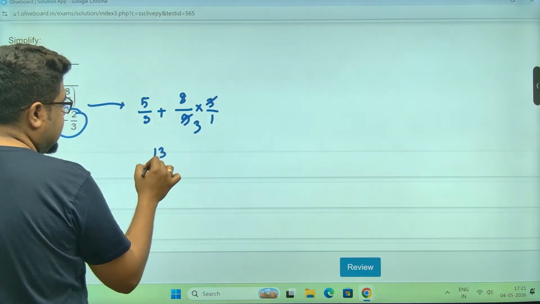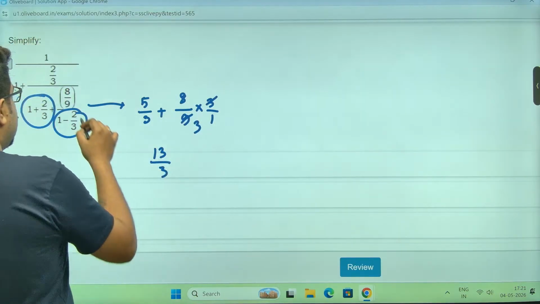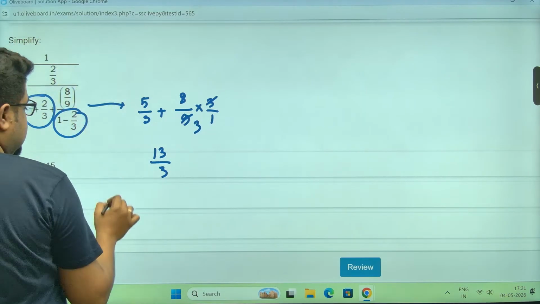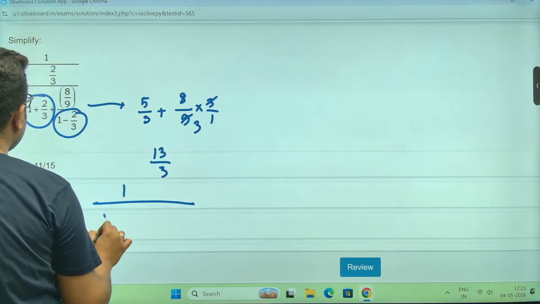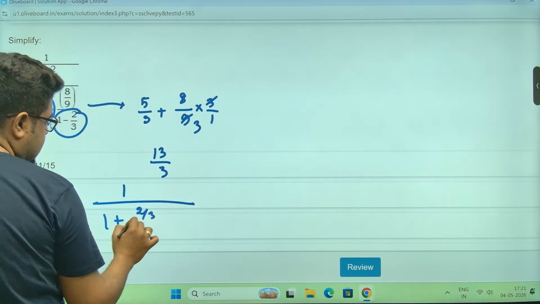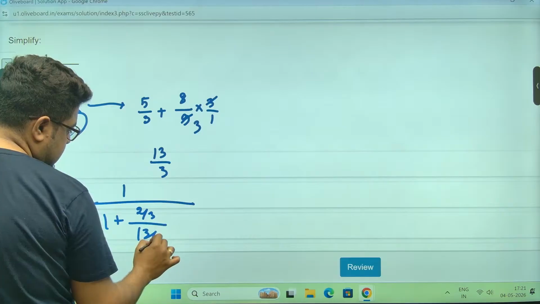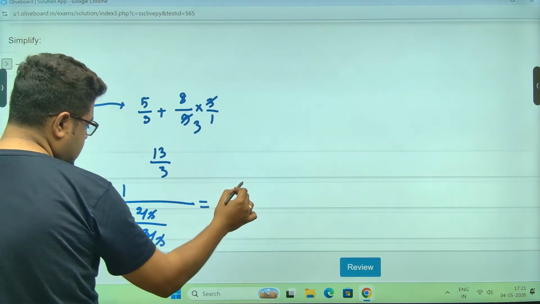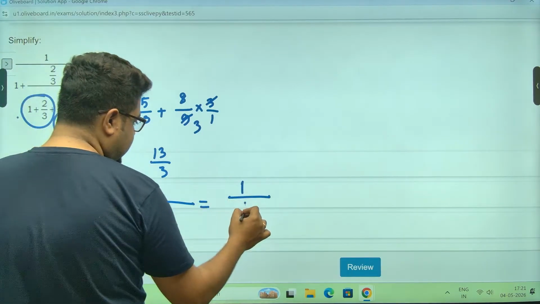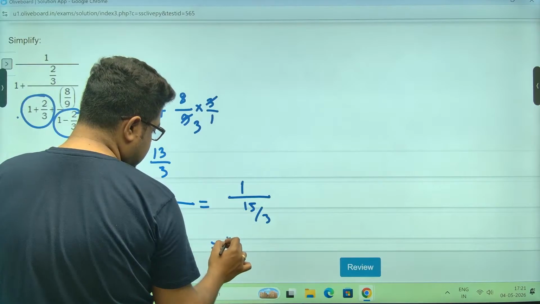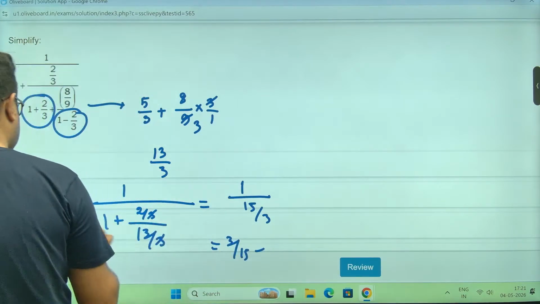So this is 13 by 3, sir. Acha, 2 by 3. So this is 1 by 1 plus 2 by 3 by 13 by 3. This gone. So 1 by 13 plus 2, 15 by 3, sir. So this will be 3 by 15, sir.